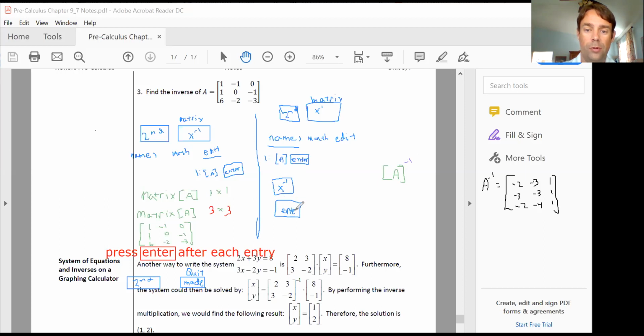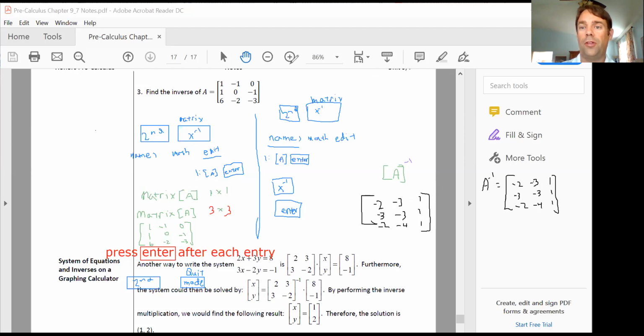And make sure that you actually got your inverse to show up. -2, -3, -2. -3, -3, -4, and 1, 1, and 1. All right, so that's how you guys are going to use your calculators.